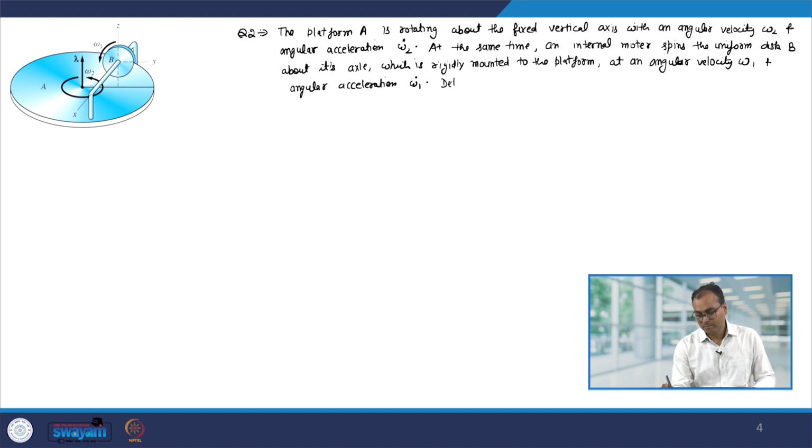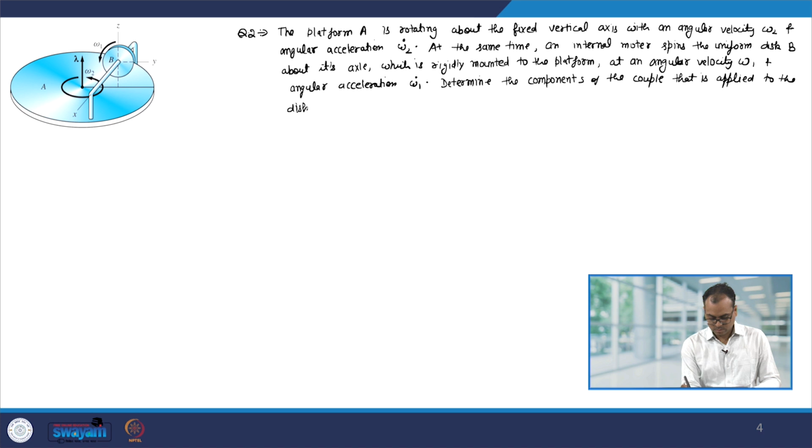Determine the components of the couple that is applied to the disc B by its axle. So, we have to find the couple that is applied to the disc B.